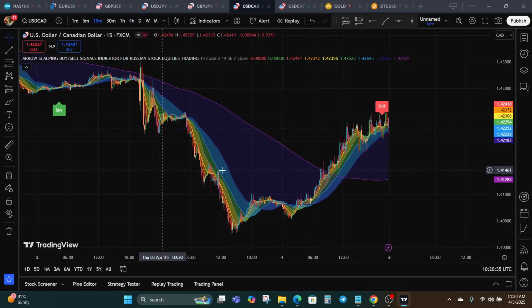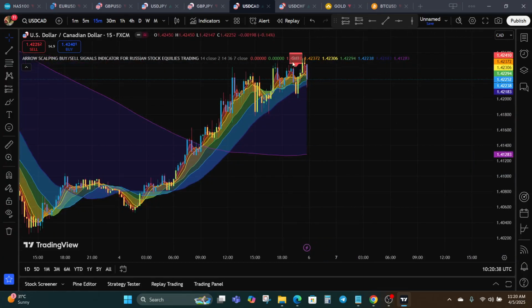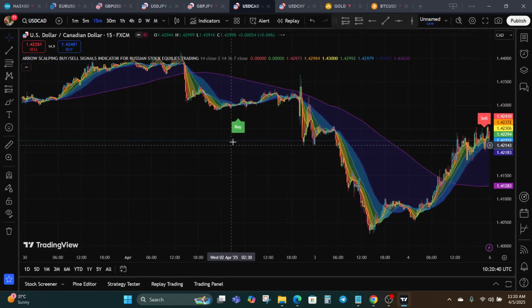You will notice now that this indicator gives you precise sell signals and precise buy signals. These arrows are based on specific algorithms that analyze market movements, so you know exactly when to enter or exit a trade. The key benefit here is that it takes the guesswork out of trading, allowing you to focus on the execution.